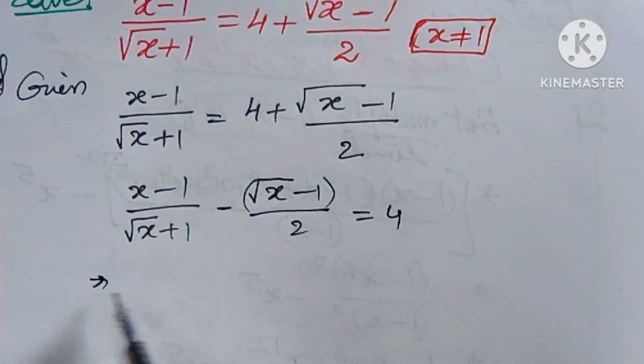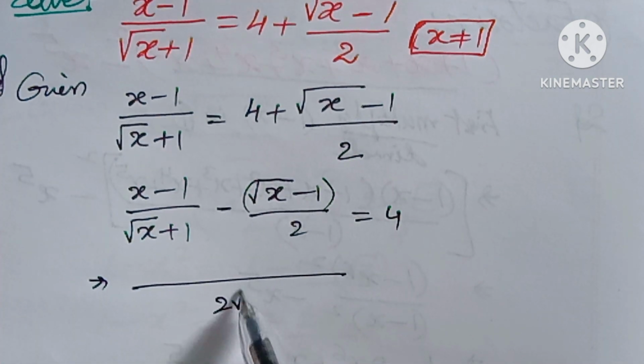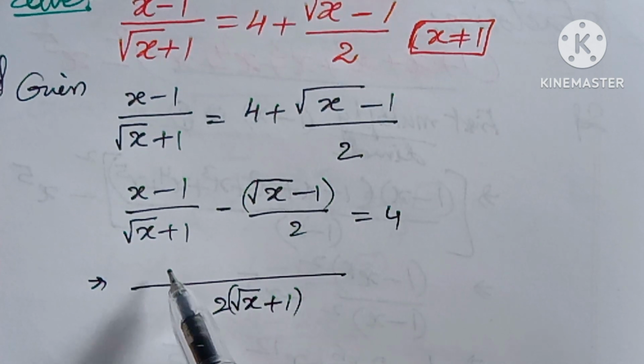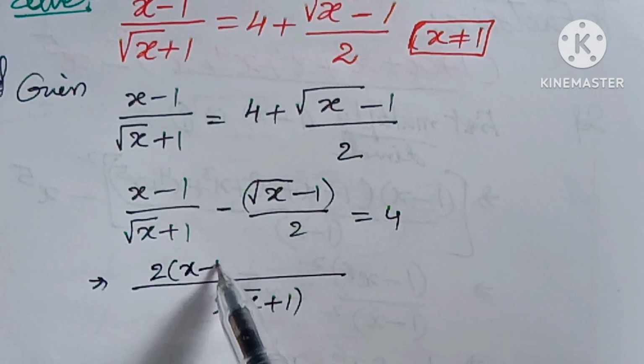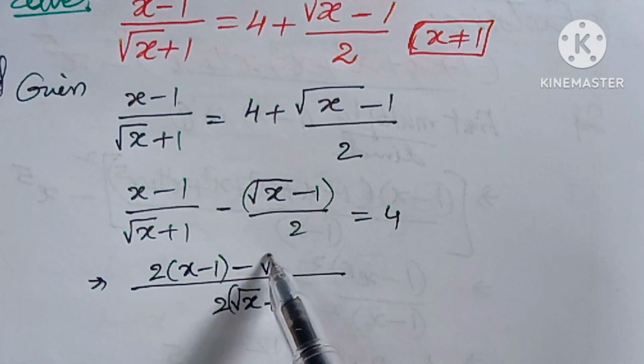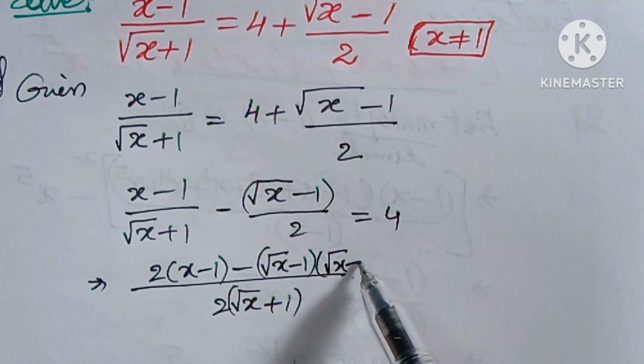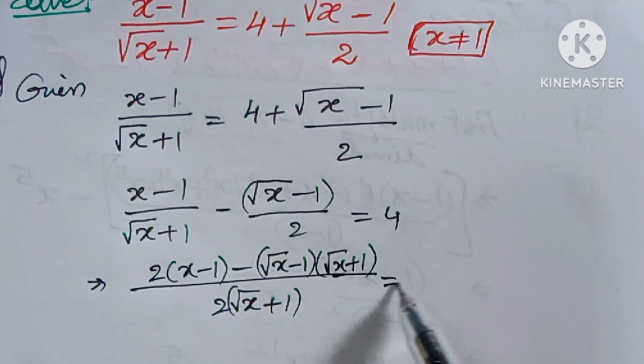If you take the LCM, 2(√x + 1), you'll get 2(x − 1) − (√x − 1)(√x + 1) is equal to 4.